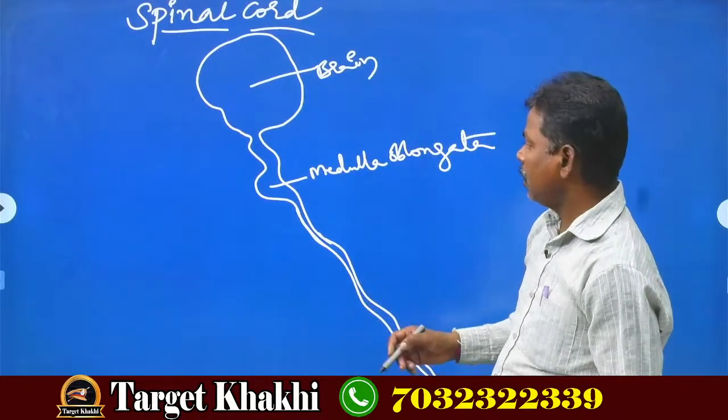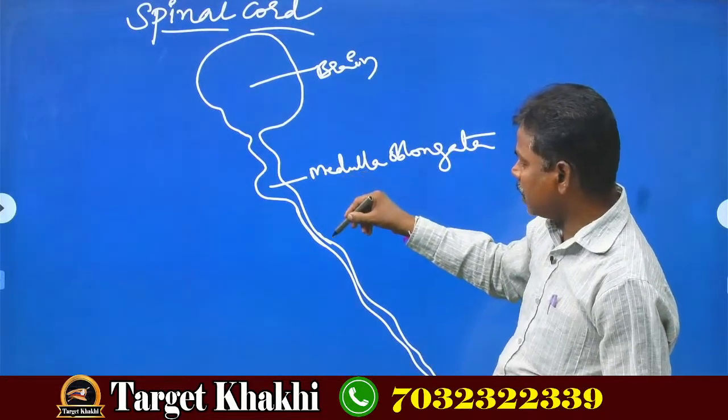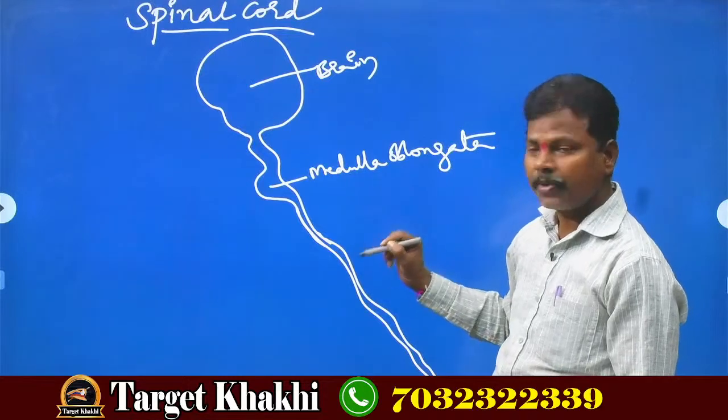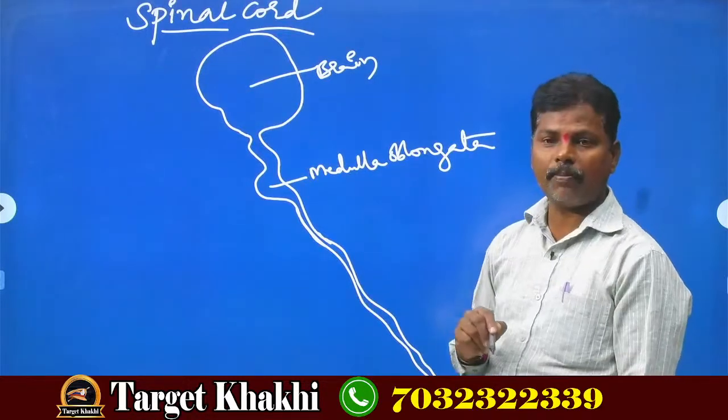Okay? The spinal cord is nothing but a long cylindrical thread-like structure which extends from the medulla oblongata.